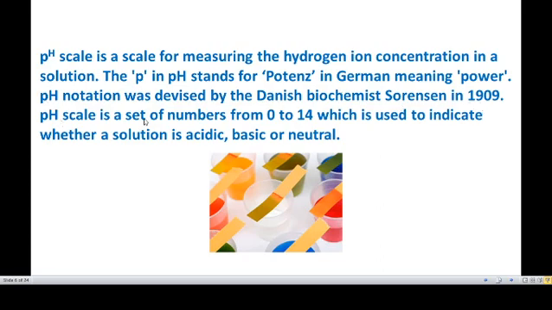A pH scale is a set of numbers from 0 to 14, which is used to indicate whether a solution is acidic, basic, or neutral. This is a pH paper.